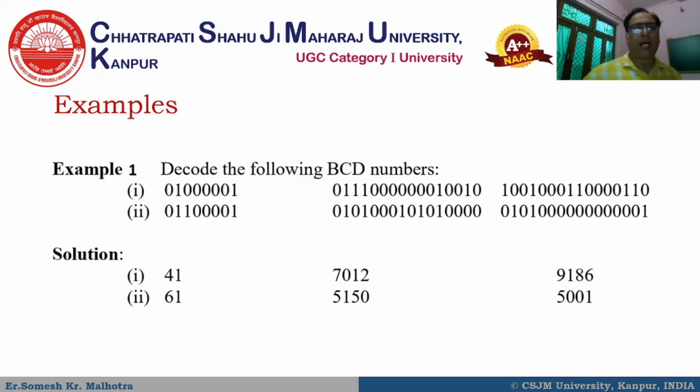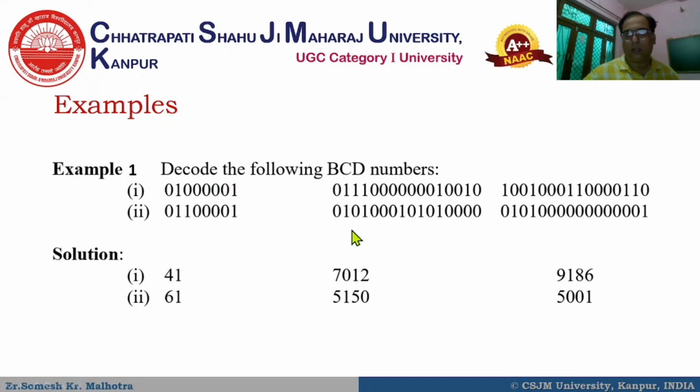Now let us see some examples of what we have studied. Here is an example to decode the following into BCD numbers. We simply take groupings of four bits. This four-bit group is equal to 1, and this 0, 1, 1, 0, 0 is 4.